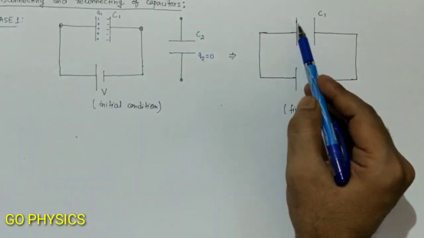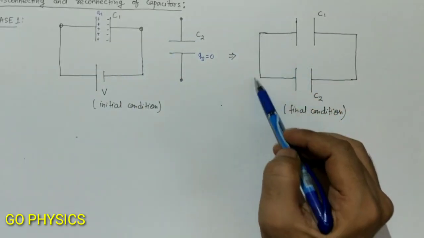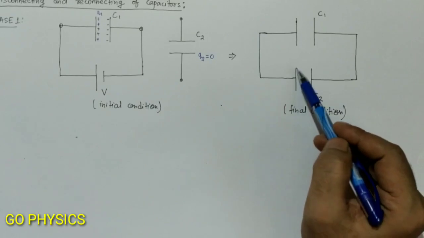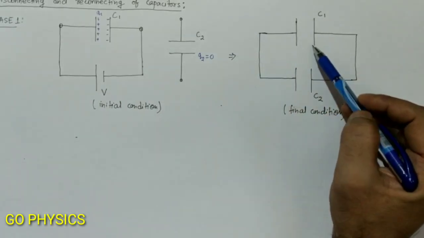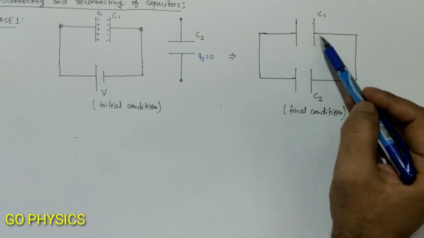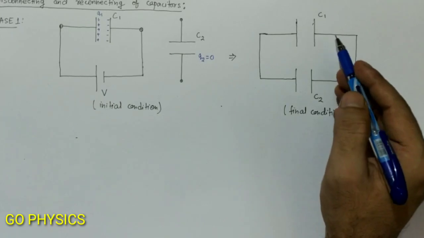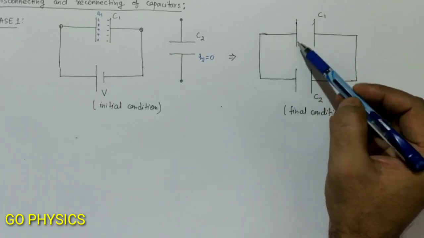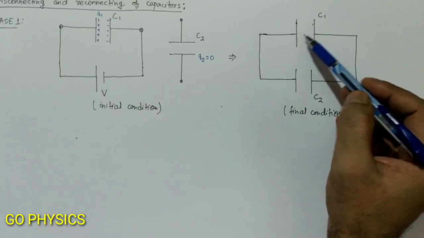So what will happen: some positive charge from plate 1 will move onto this plate of capacitor 2, and similarly some negative charge from capacitor 1 will move to capacitor 2 on this plate. This movement will be due to repulsion. On this plate positive charges are repelling each other and on this plate negative charges are repelling each other.